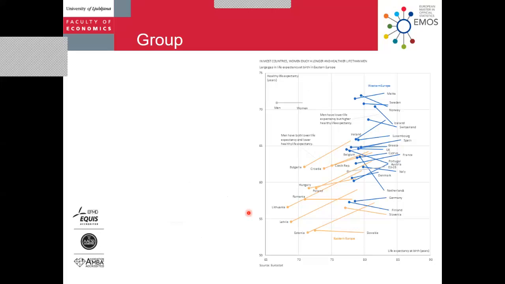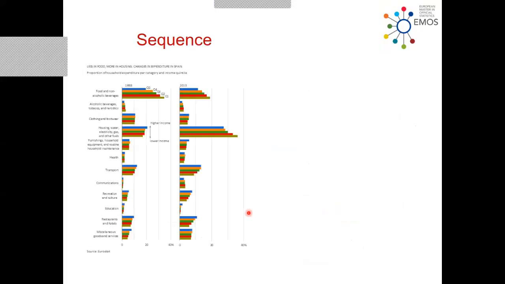Yeah, very good. And now something, let's say, maybe more familiar. A bar chart, or actually two bar charts, one for 1988 and one for 2010. Well, lots of bars. We have here household expenditure in categories like food and non-alcoholic beverages, alcohol, clothing, housing, furnishing, health, transport, and so on.